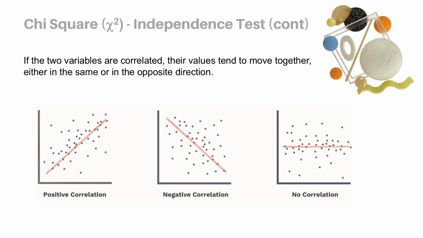In the third example, you can see that there is no specific trend of the values between the two variables, or we can say that variable 1 is actually not affected by variable 2, or we can also say that there is no correlation between the two variables.